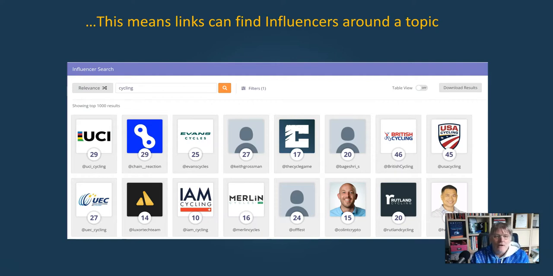So we can have a look at all of the links that are coming in from web pages that are talking about the concept of cycling, and so we can see who these influencers are. These are the people, if you wanted to promote your bicycle brand, for example, that I would approach, because they're not just influencers because they're saying things on Twitter, they're influencers because people are linking to their Twitter profiles.